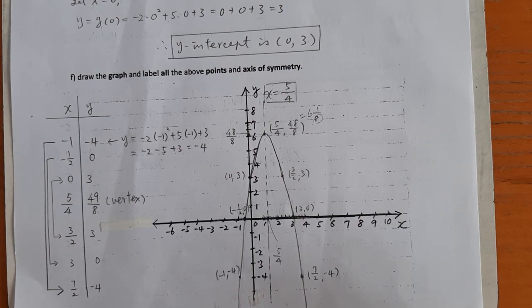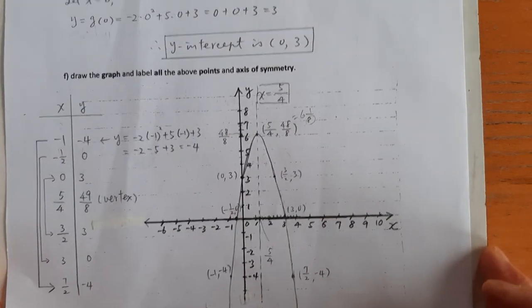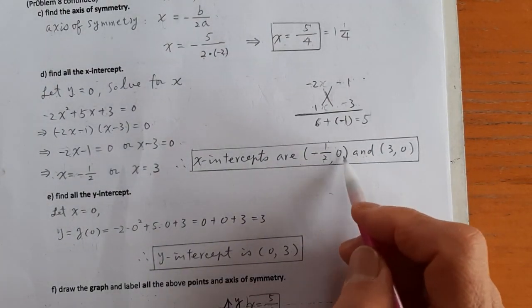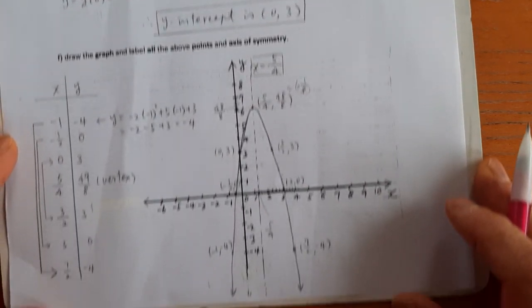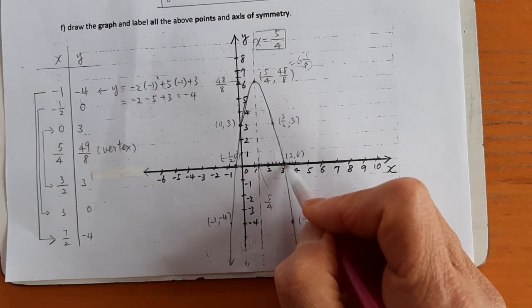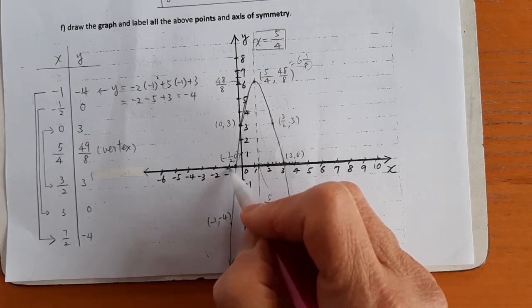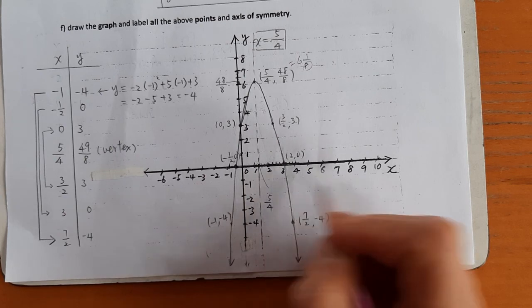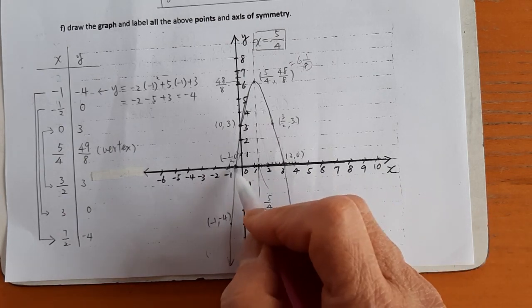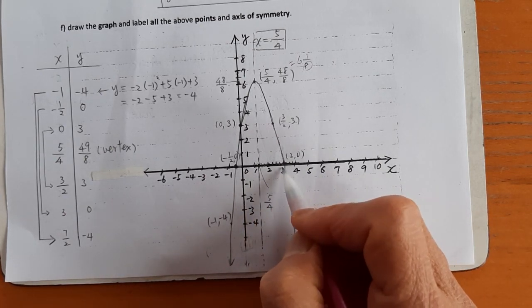Then the x-intercepts and y-intercept. The x-intercepts are (-1/2, 0) and (3, 0). Between 0 and negative 1, this is negative 1 half. So the two points on the x-axis are the x-intercepts. You can see it is symmetric.